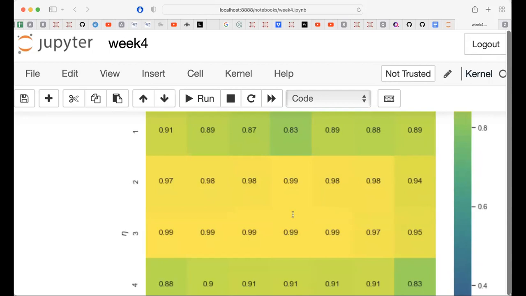So on average, humans on this 8 × 8 pixels data would classify correctly 98% of the data, whereas our neural network has now been trained to classify 99% of the data, which is actually pretty good. And that is on the test data, which was not included in the training.